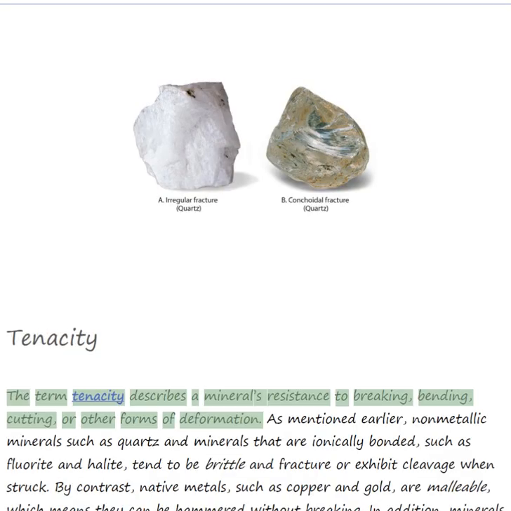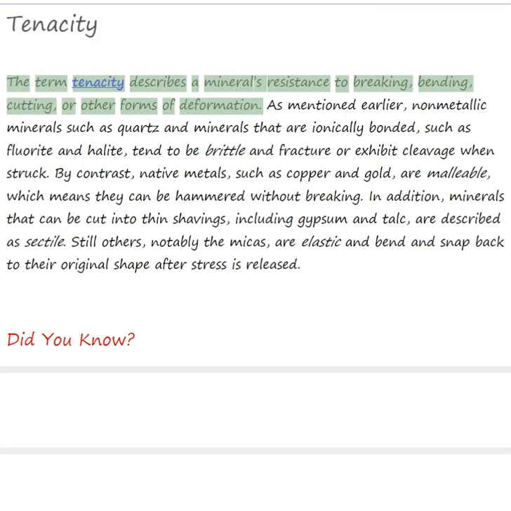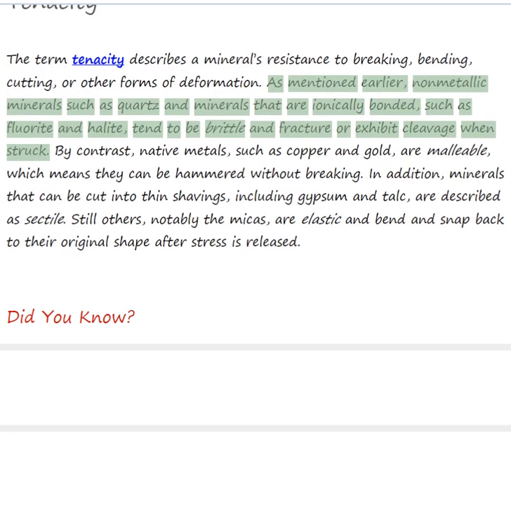Tenacity. The term tenacity describes a mineral's resistance to breaking, bending, cutting, or other forms of deformation. As mentioned earlier, nonmetallic minerals such as quartz and minerals that are ionically bonded, such as fluorite and halite, tend to be brittle and fracture or exhibit cleavage when struck.